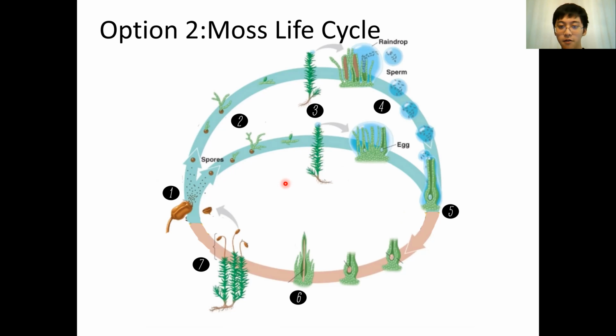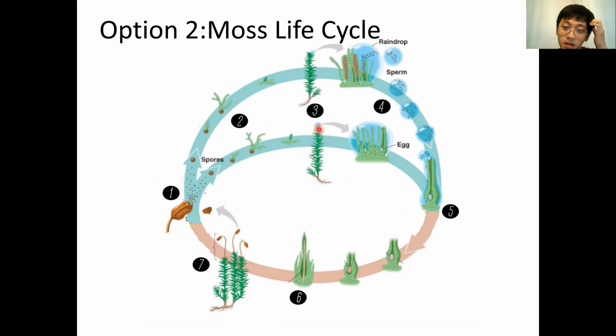And water is necessary for moss because they lack a vascular system to transport water from the ground. And also importantly, they need it because the sperm have flagella, and the sperm therefore need water to swim to the egg. But anyways, going back to this gametophyte.